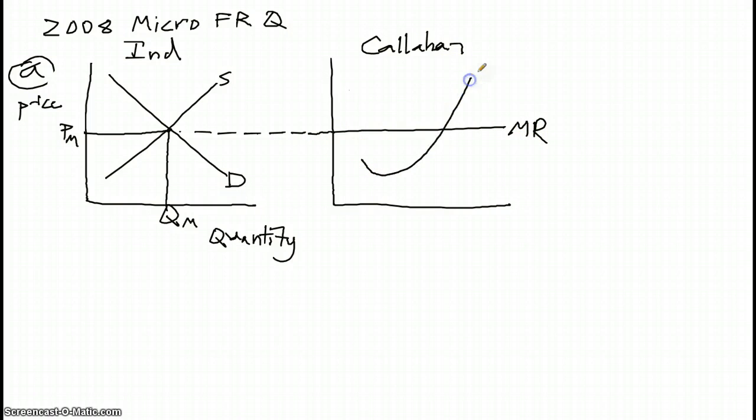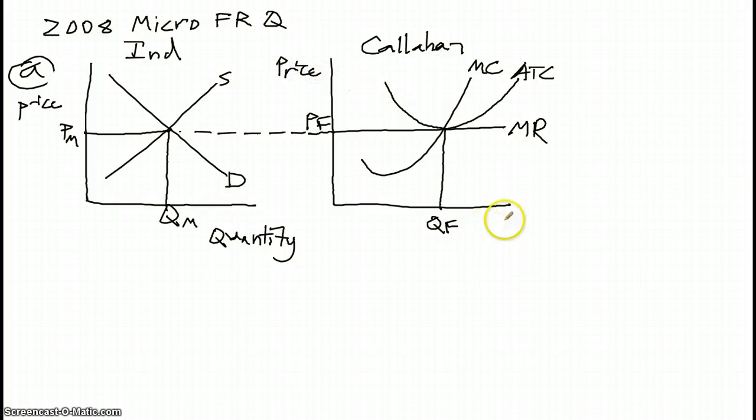And then there's marginal cost and ATC tangent to where MR equals MC at its minimum point. So the price here is PF, and quantities where MC equals MR going down, QF. Like the industry, the y-axis is price, and the x-axis is quantity.